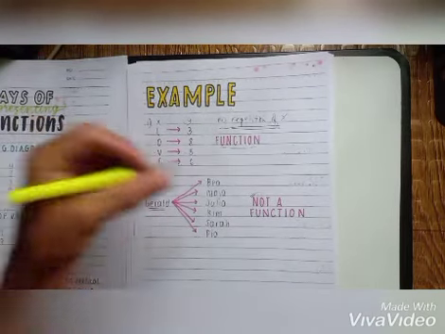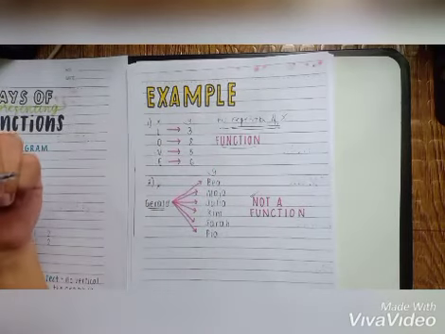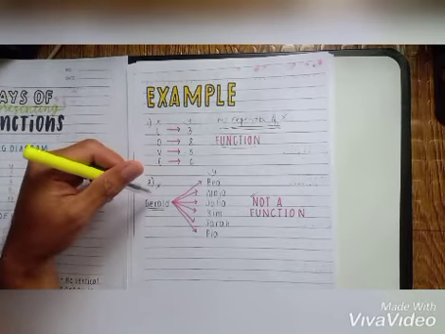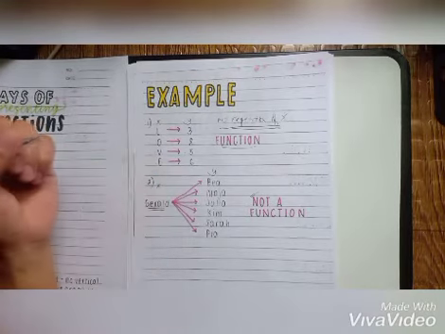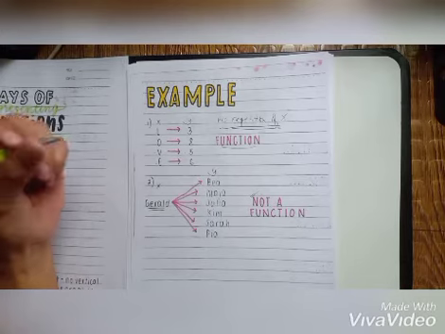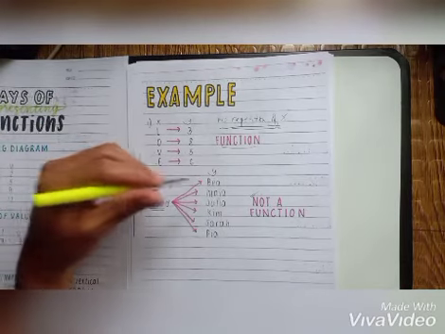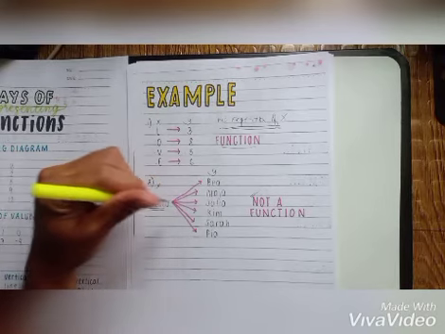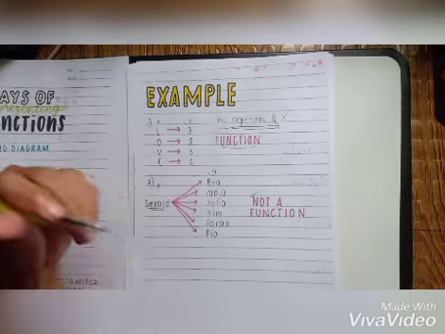Gerald is x, and the names of the female artists are the y's. So Gerald is being paired to y more than once.